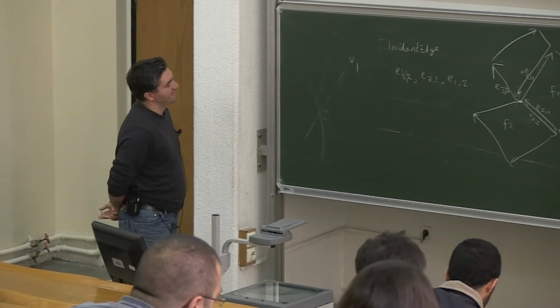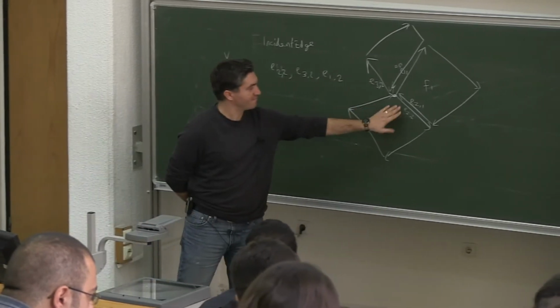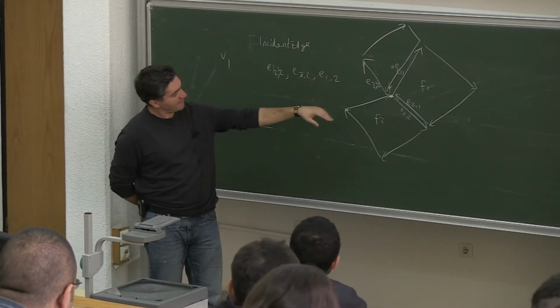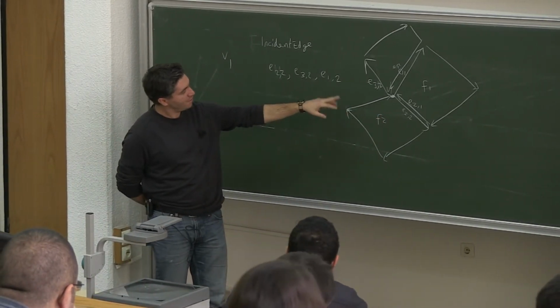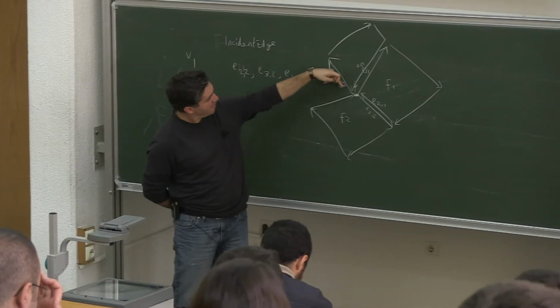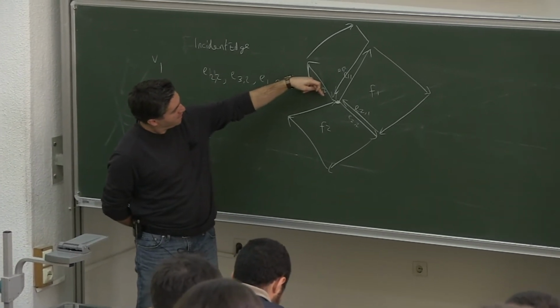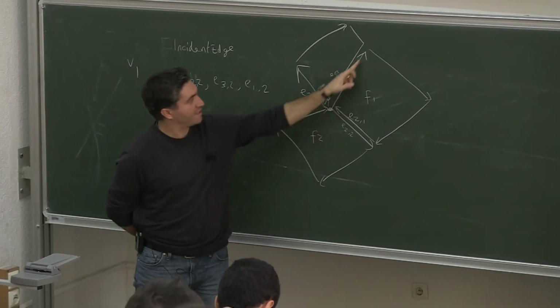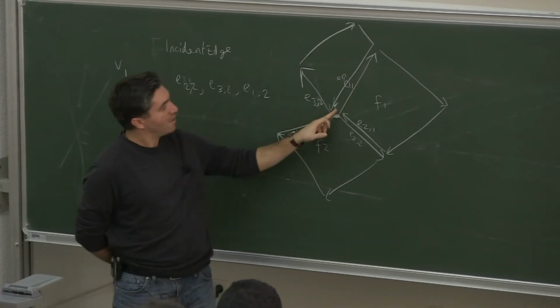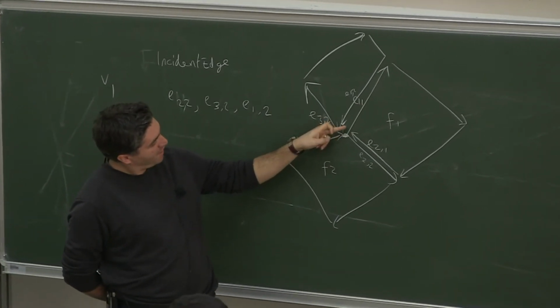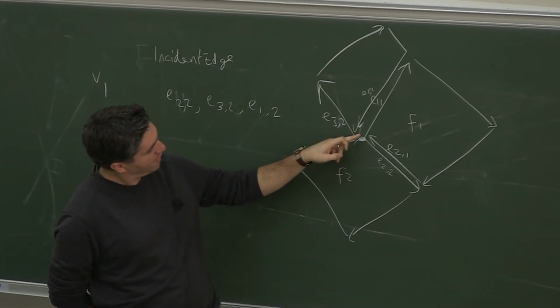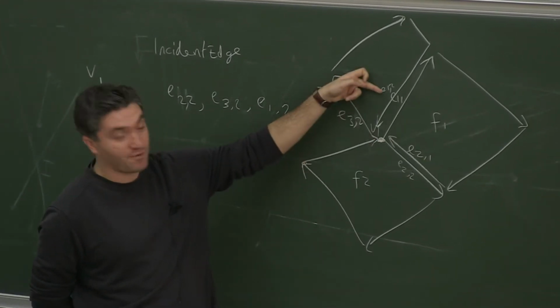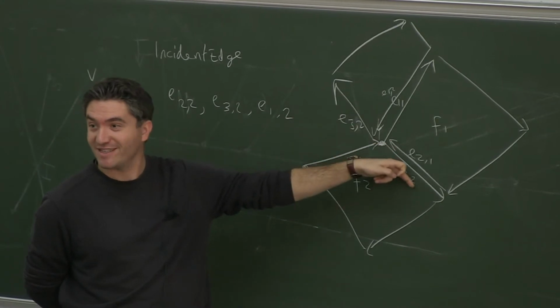For example, what is E22 here? If you look at E22, E11 was this one. So E22 is actually the E11 twin's next, right?